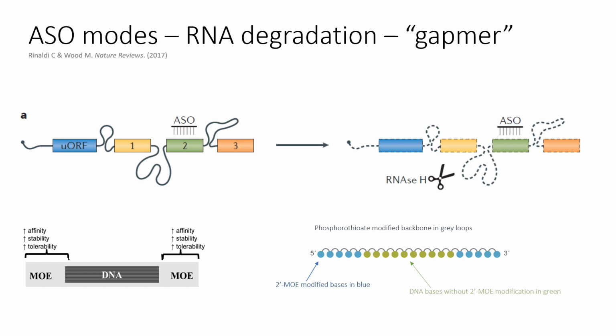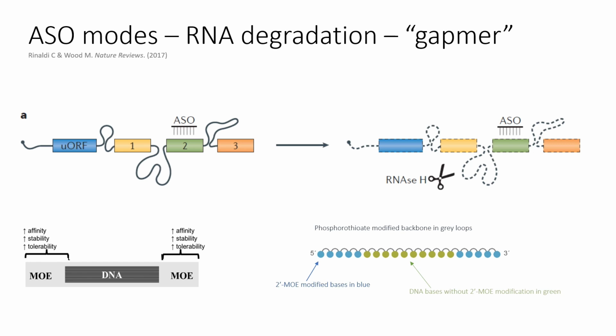The antisense oligo binds somewhere along here, shown in the top left, binding to a part of the gene. Once that binding occurs, it then triggers the activity of an enzyme called RNase H. And this enzyme detects the interaction of the ASO with the target mRNA and causes destruction of that RNA.